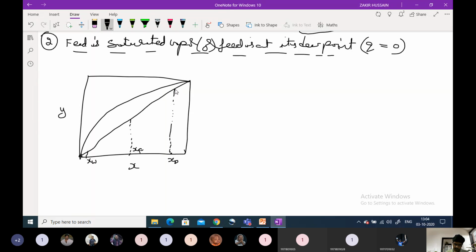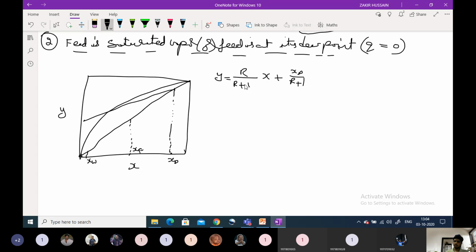Now the operating line for the top section we can derive from this: y is equal to R by R plus 1 into x plus xd by R plus 1. Using the intercept xd by R plus 1, we can draw the operating line for the top section.